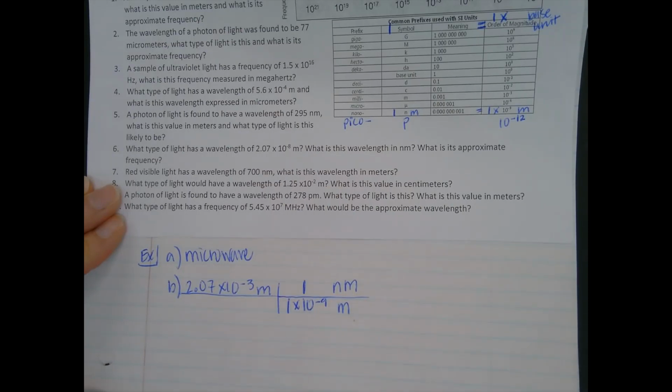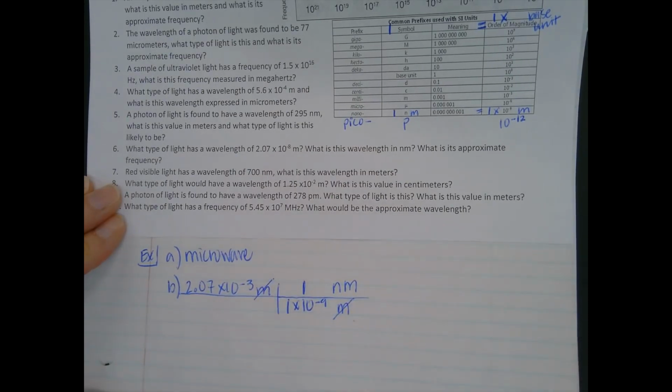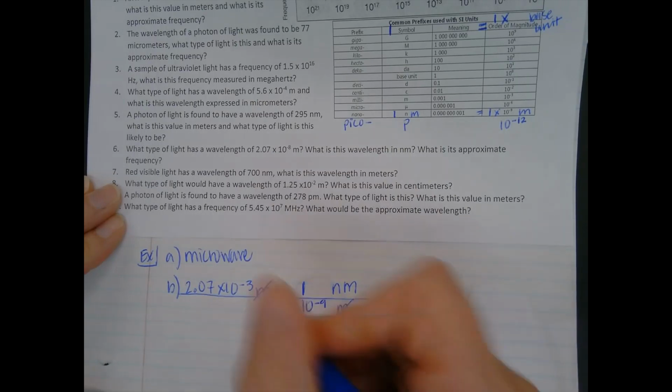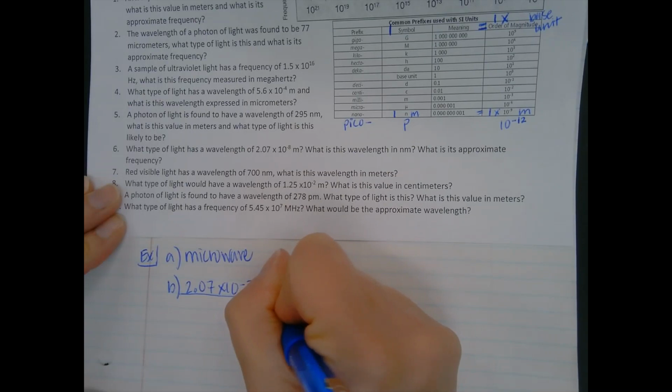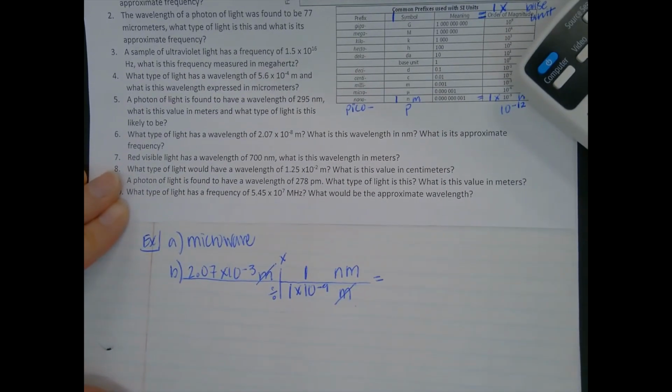Now my units, meters and meters will cancel, which is good because I need nanometers. Now if we think back to dimensional analysis, this is just like fractions. The 2 numerators on the top, you multiply, and the denominator on the bottom, we're going to divide. Okay? All right, now let's put this in our calculator.